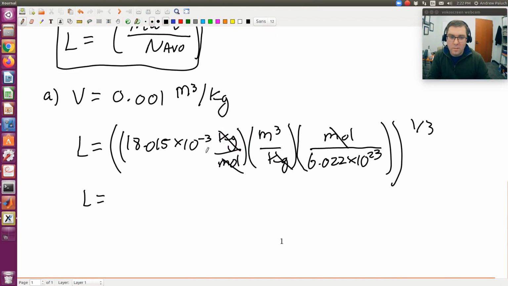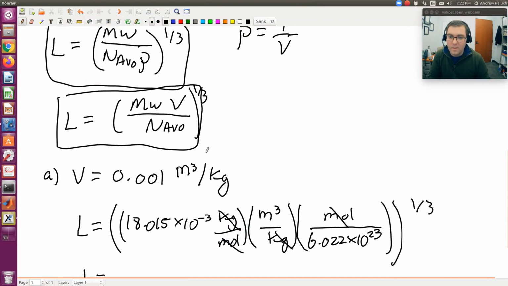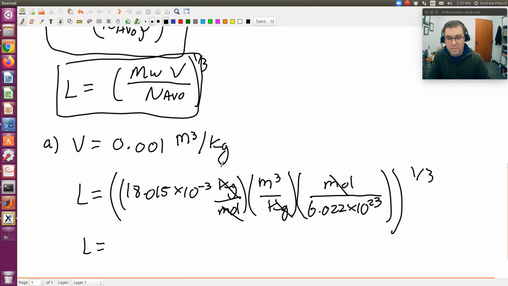So it's molecular weight. Oh, and I forgot my values here. So this is my volume, 0.001 meters cubed per kilogram.